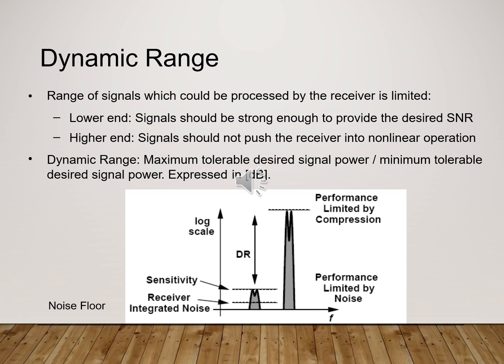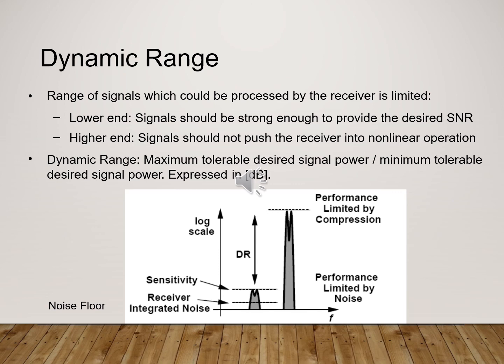At the higher end, signals should not push the receiver into nonlinear behavior, which is related to the third intercept point or the 1 dB compression power. So we define the dynamic range as the maximum tolerable desired signal power over the minimum tolerable desired signal power, expressed in dB.